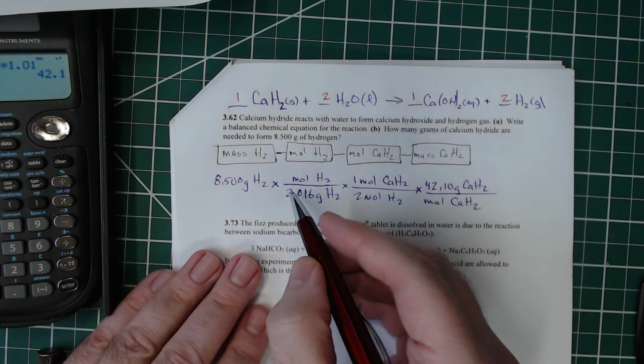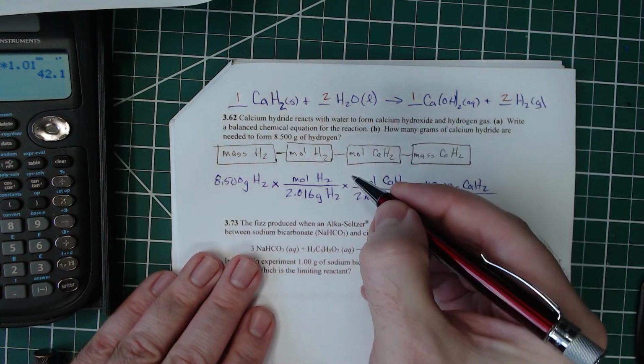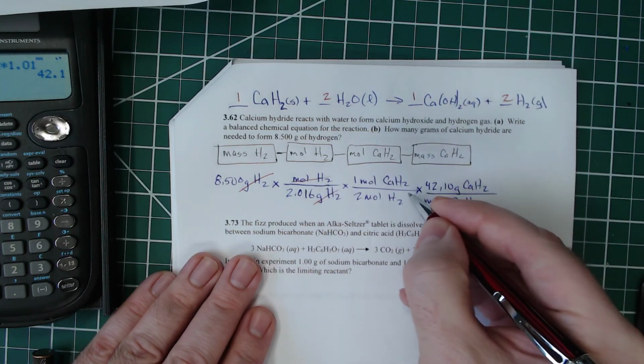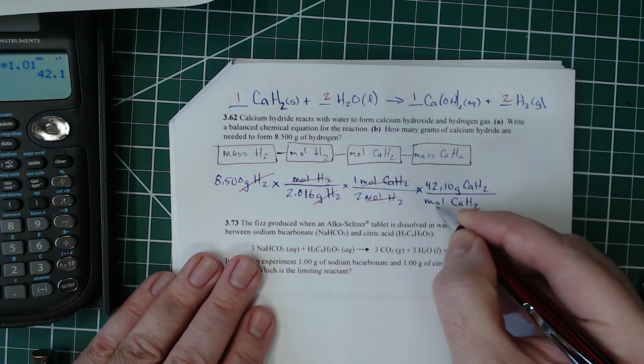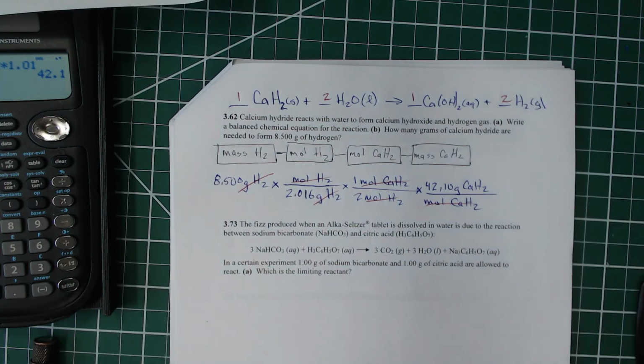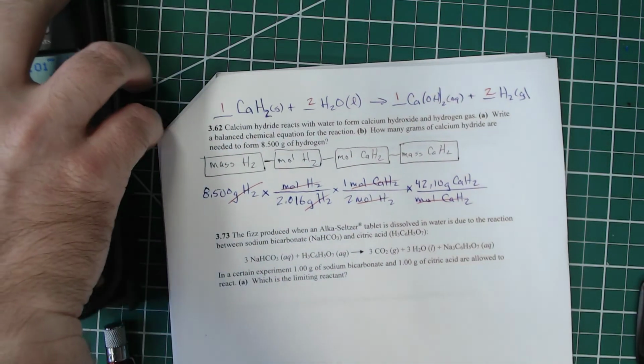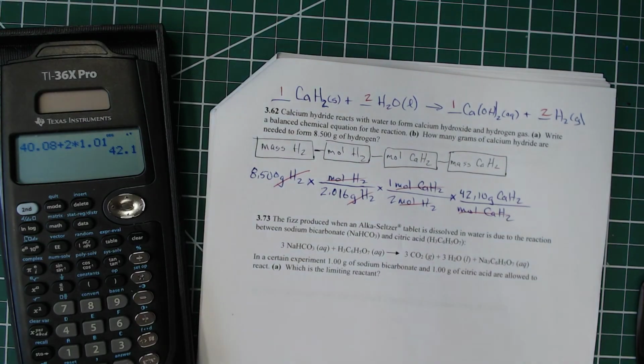So now when we put that in there, we'll do our dimensional analysis. Grams of hydrogen cancels out, moles of hydrogen cancels out, moles of calcium hydride cancels out, and that leaves us with our mass of calcium hydride. Let me get the calculator on the screen here.